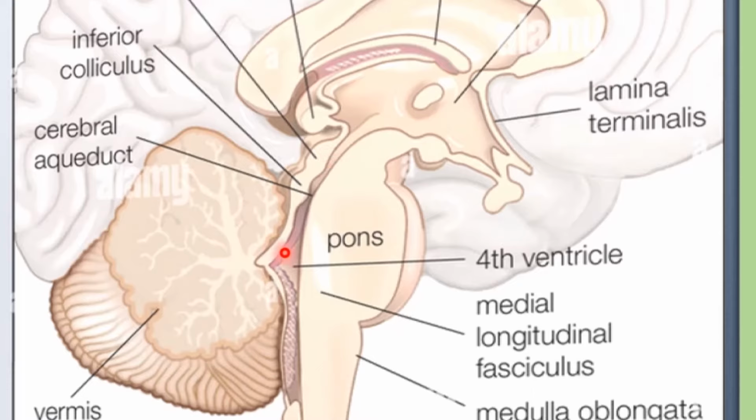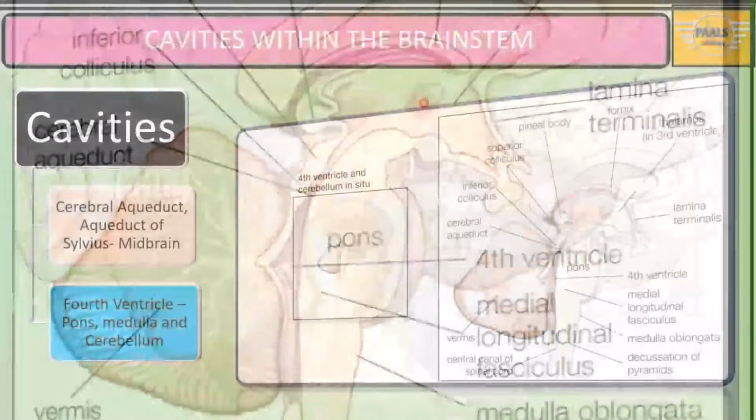Now we have the cavity of the pons, medulla and the cerebellum. This cavity is called the fourth ventricle. What the cerebral aqueduct does is to connect this fourth ventricle to another cavity at the upper part, the third ventricle, which is the cavity seen between the thalamus.